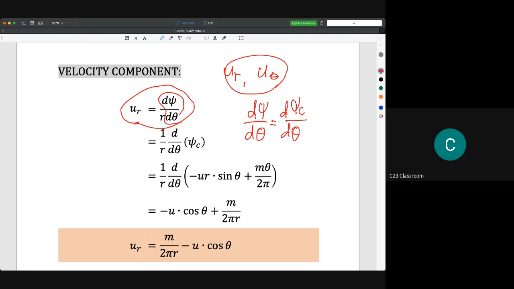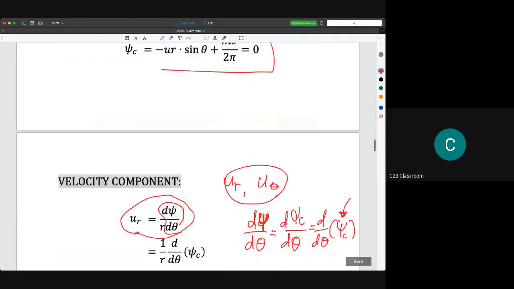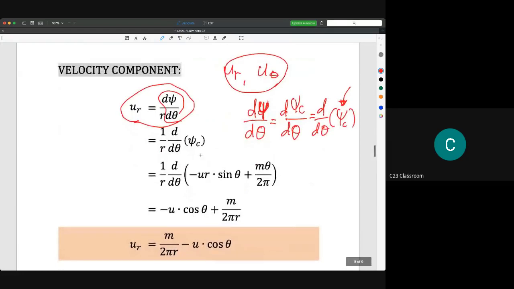So you need to understand that this psi is actually the psi combination, and it can also be written as d d theta of psi combination. So you substitute the psi combination that you get here, which is this value. Finally you will get UR is equal to m over 2 pi r minus U cos theta. So this is the value of UR.